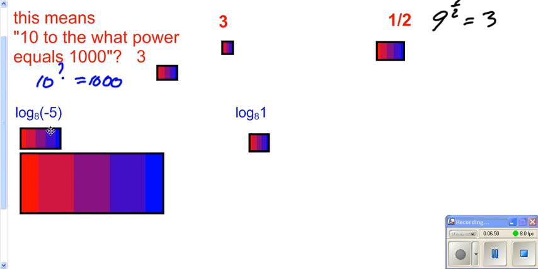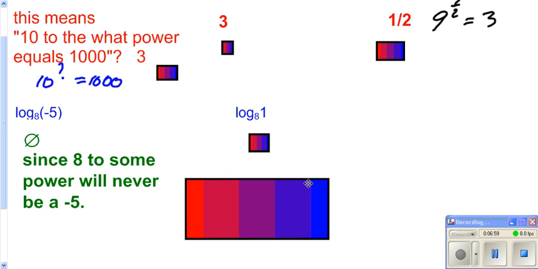When we are looking at this one here, the answer is the empty set. There's two ways to look at that. One of the ways to look at it is 8 to any power is never a negative. 8 to a positive power is positive. 8 to the 0 power is 1, which is also positive. 8 to a negative power is also positive because 8 to the negative 1 is positive 1/8.